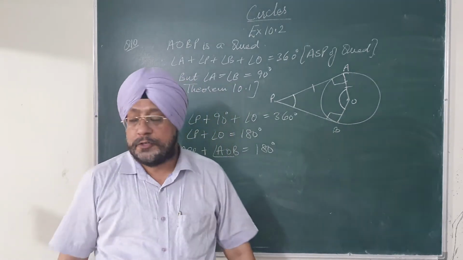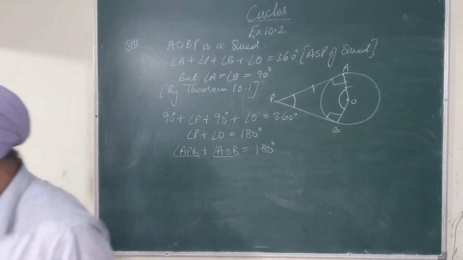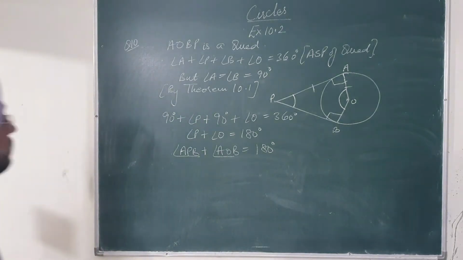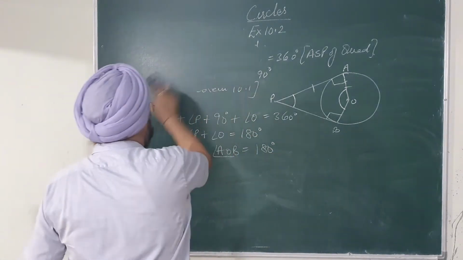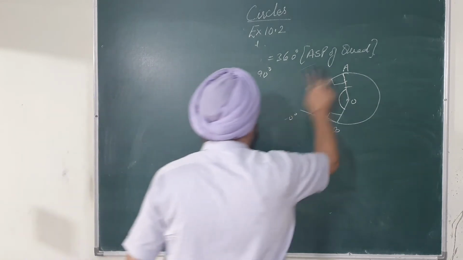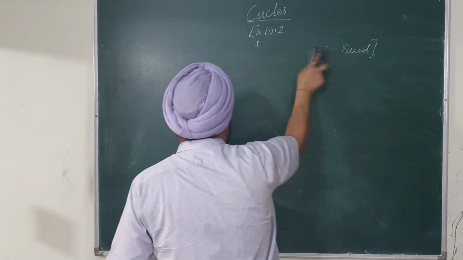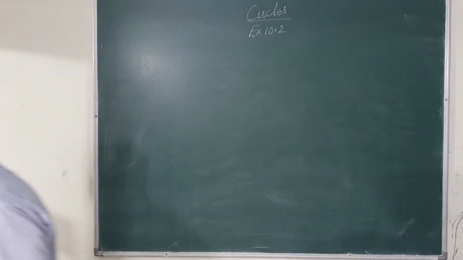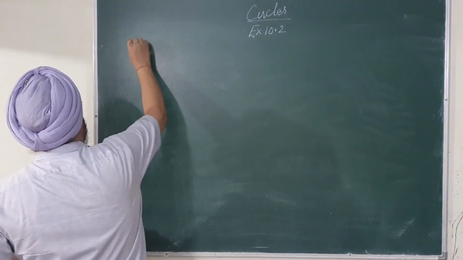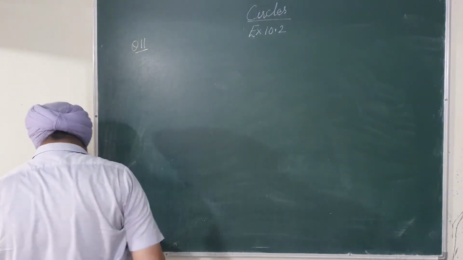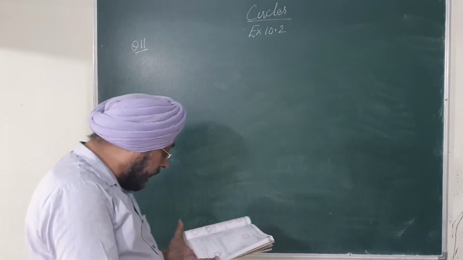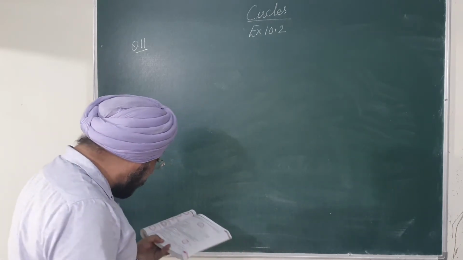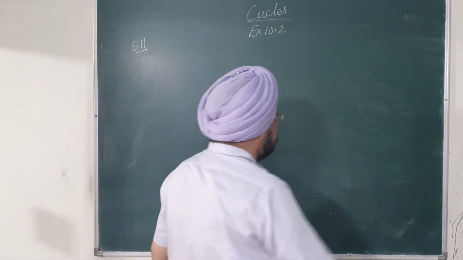So let's come to question number 11. Question number 11. Prove that the parallelogram circumscribing a circle is a rhombus.